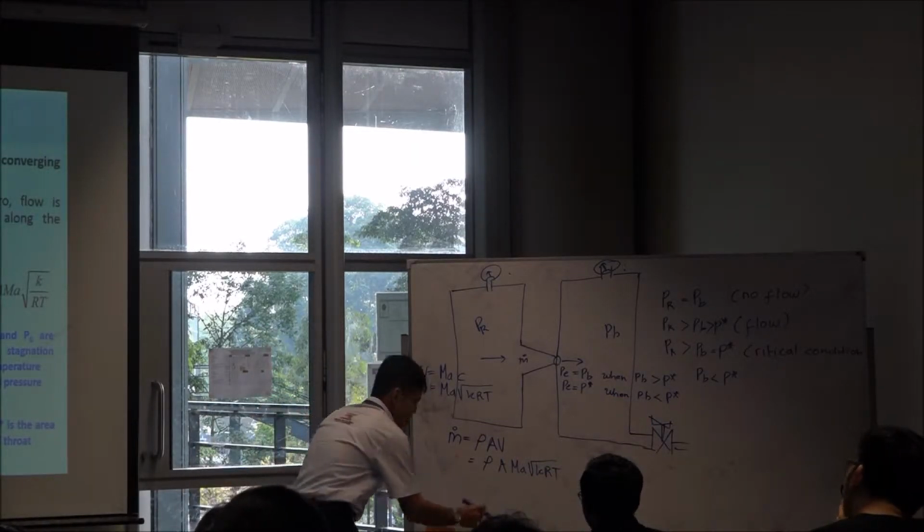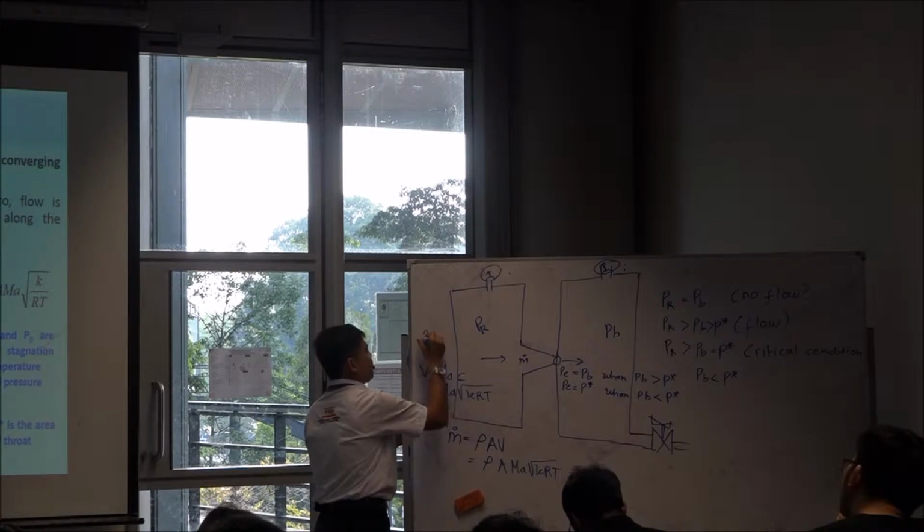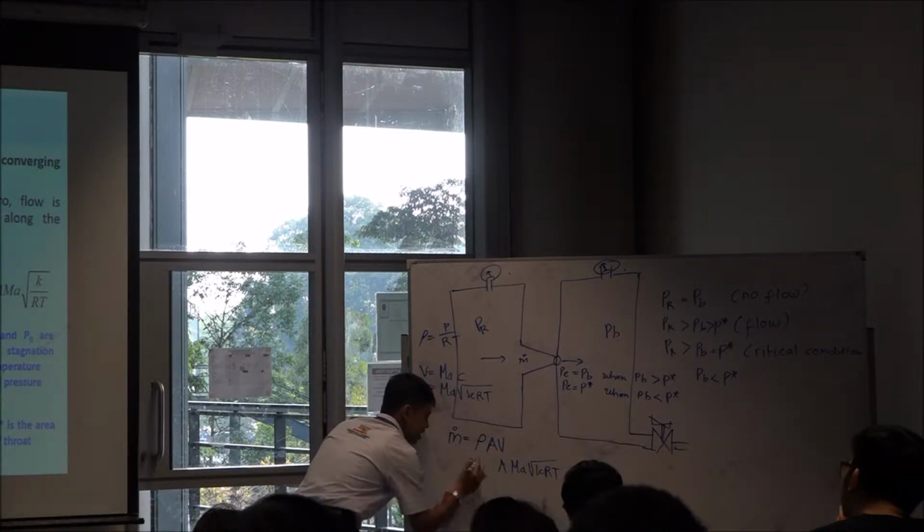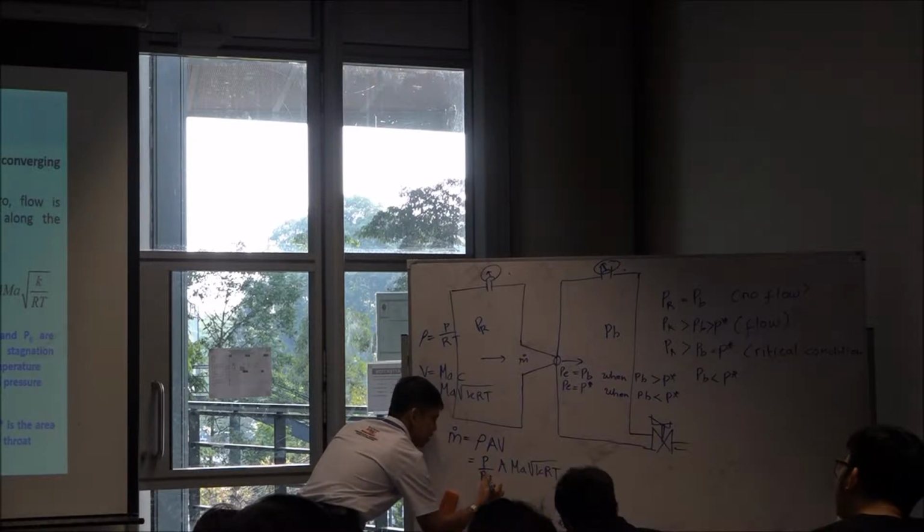P over RT. So we change that. Rho is equal to P over RT. So we add here P over RT.